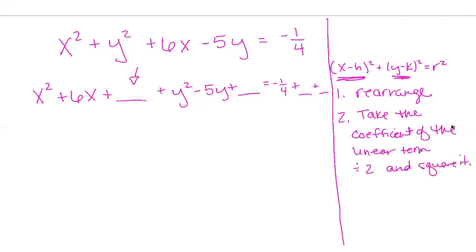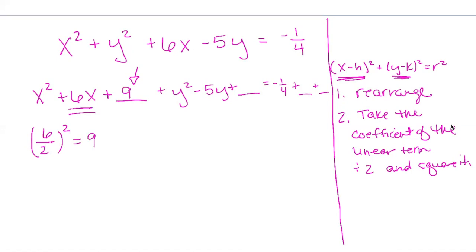Our linear term is the term that just has an x here. So we're going to take 6 divided by 2 and square it. 6 divided by 2 is 3. 3 squared is going to give me 9. So 9 is what's going to go in the blank here.